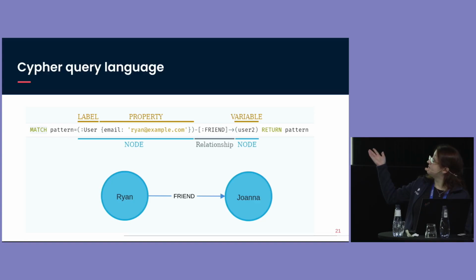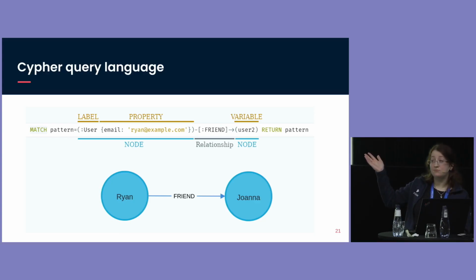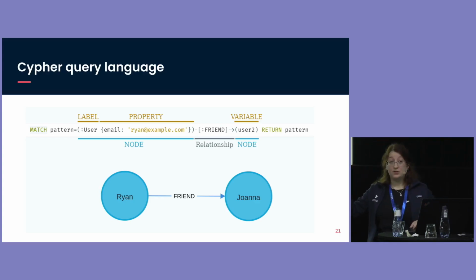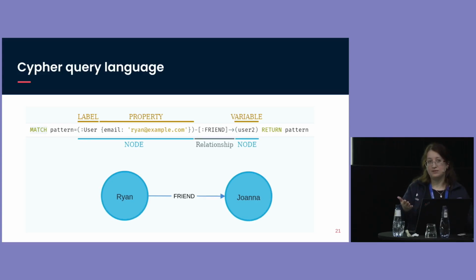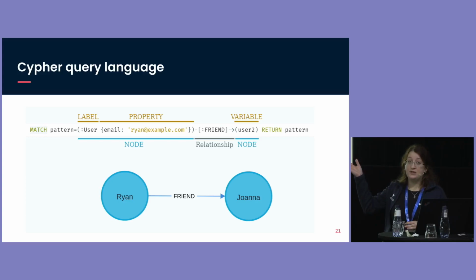And you can see that it pretty much repeats the structure of the graph itself. We have nodes, and we have relationships between nodes. We have labels of the nodes to separate types of nodes, like you would separate different tables in SQL. And we have properties, which would be similar to columns in SQL.